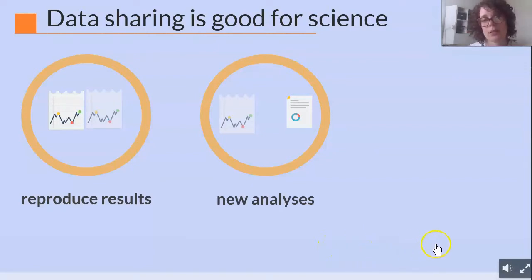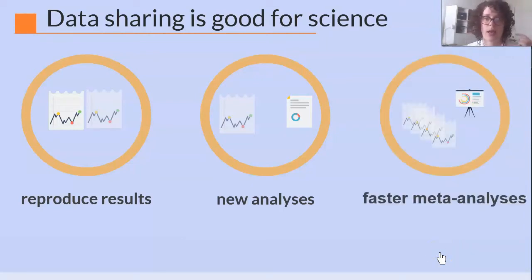And finally, data sharing is very useful to be better able to create meta-analyses. So oftentimes the information we share in a publication is not actually enough to include that paper in a meta-analysis, and so open data sharing is really, really useful for meta-analyses.